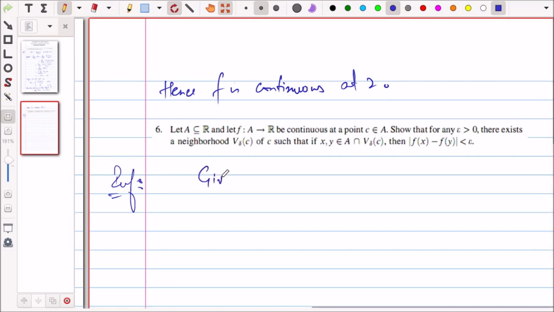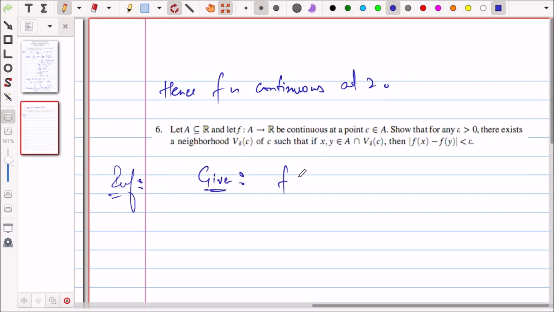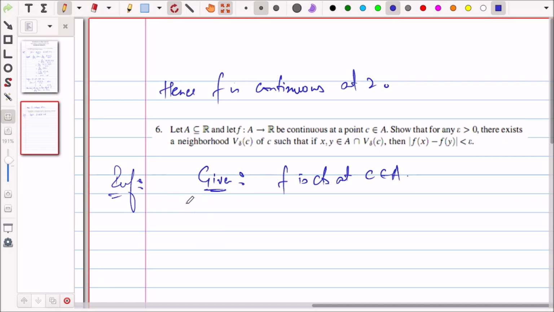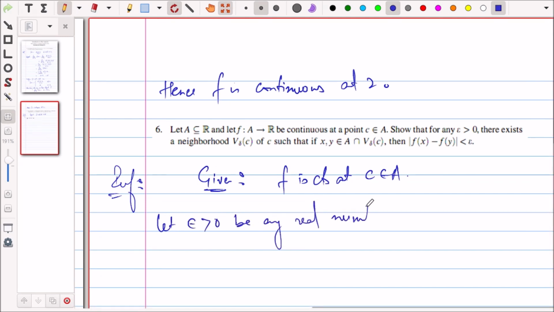Given is f is continuous at c belonging to A, and we have to show the above. So let epsilon greater than 0 be any real number.